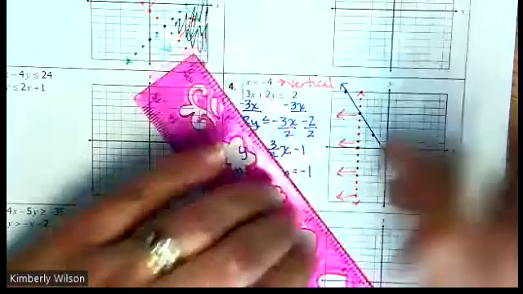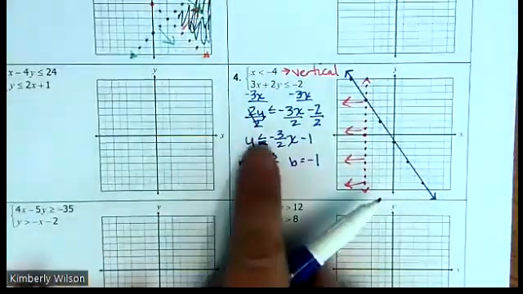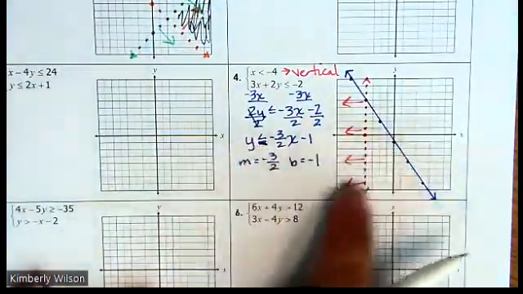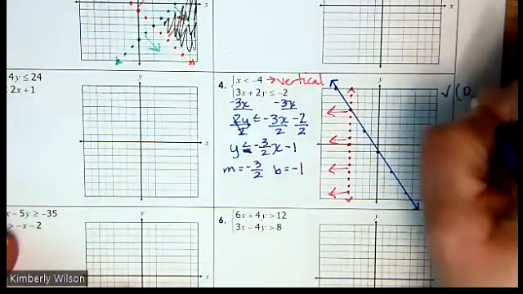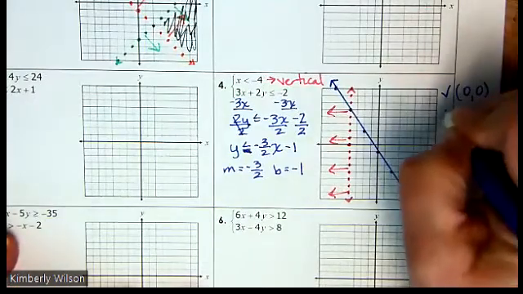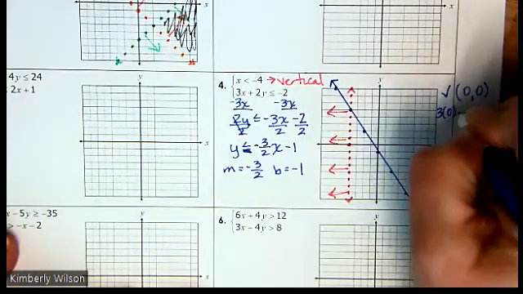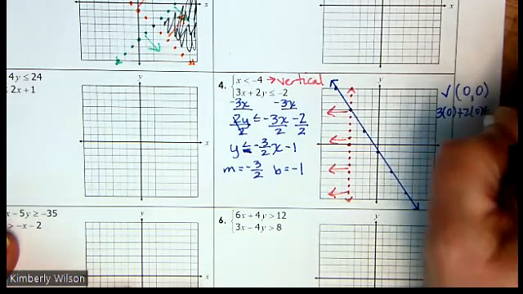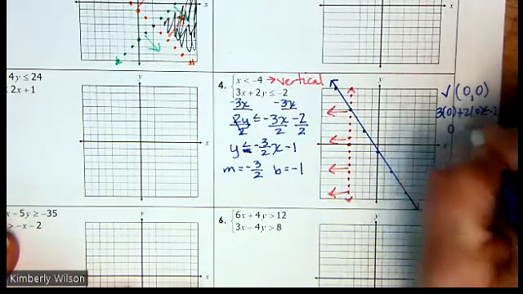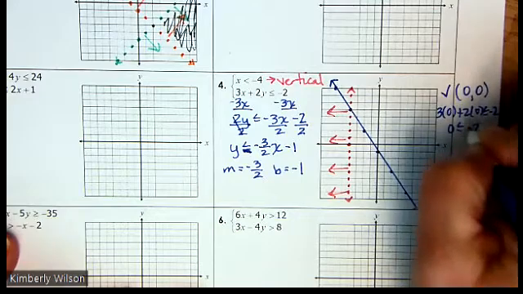Now, if y is less than or equal to, it should be below, but since it's standard form, I'm going to check with 0, 0. That gives me 3 times 0 plus 2 times 0 is less than or equal to negative 2. So that's 0 is less than or equal to negative 2.